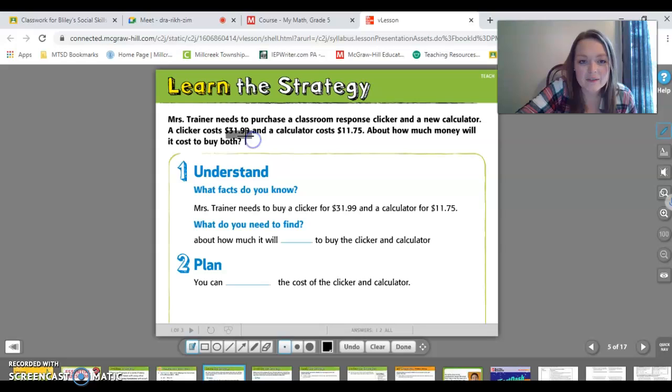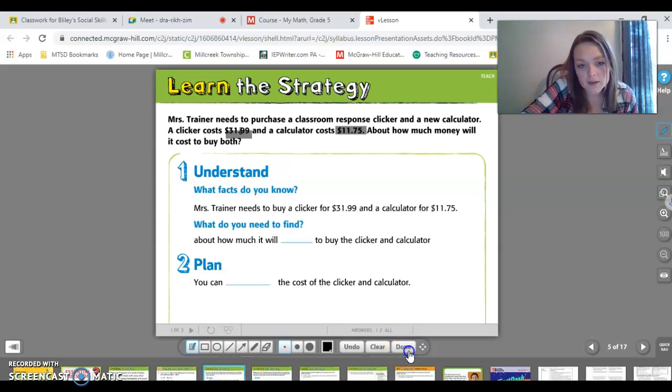We have $31.99 and $11.75. First, we need to understand it. What do we know? We know how much the calculator costs and how much the clicker costs. And what do we need to find out? We need to find out how much they cost together.